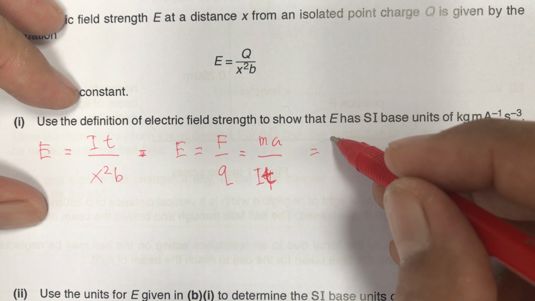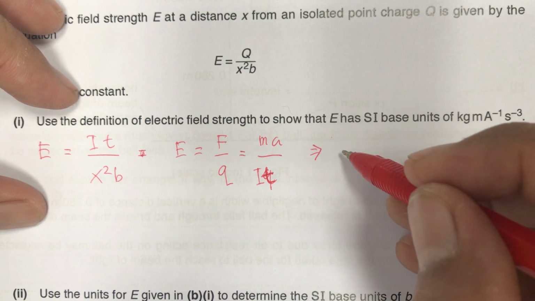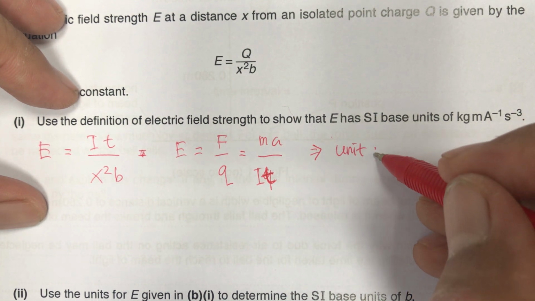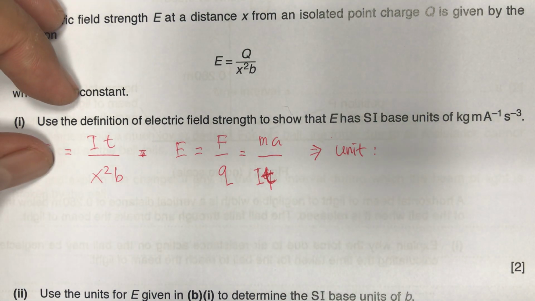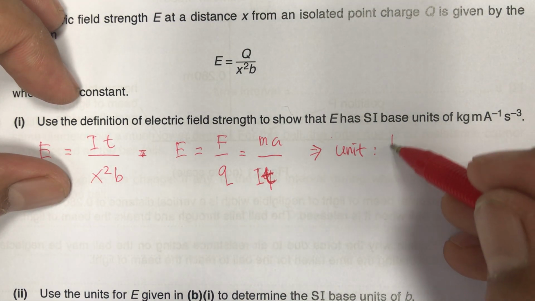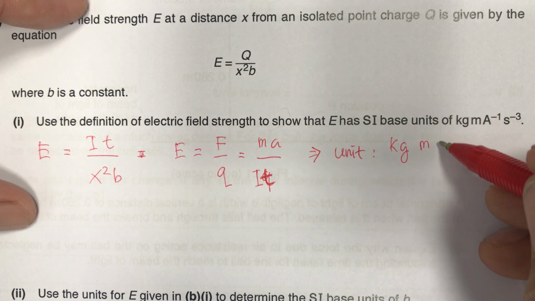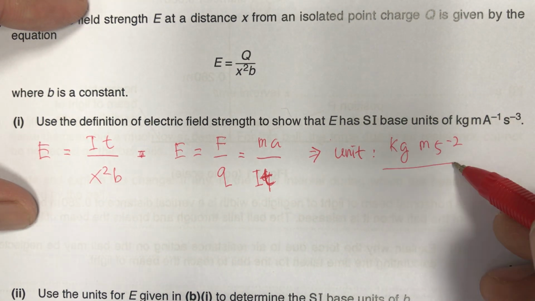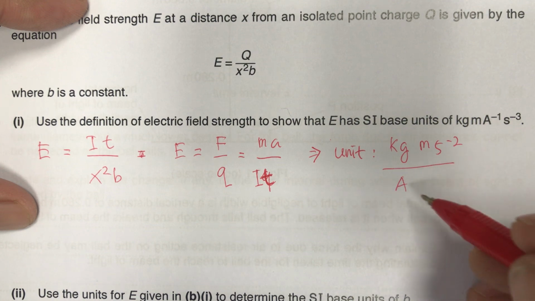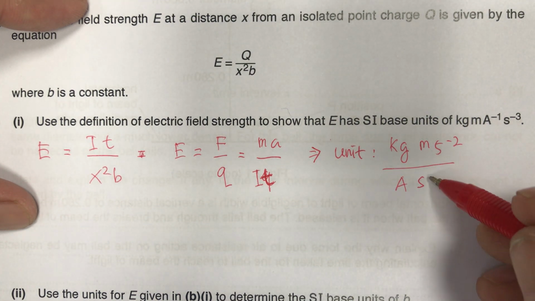Then if we look at the units of this equation, mass is in kilogram and acceleration is meter second minus 2, then I is ampere and T is second.